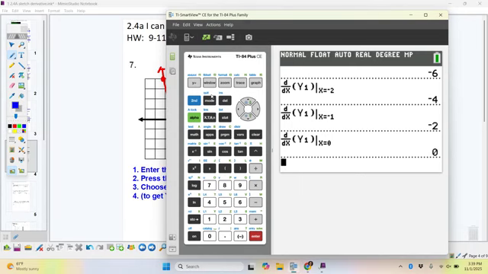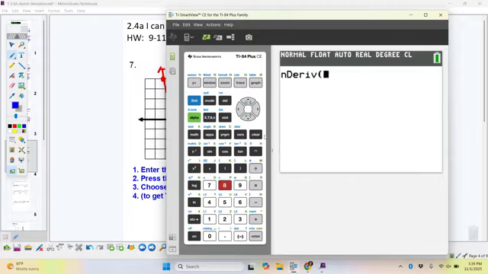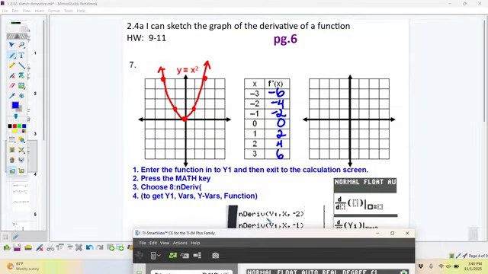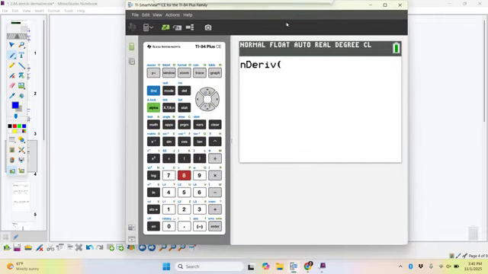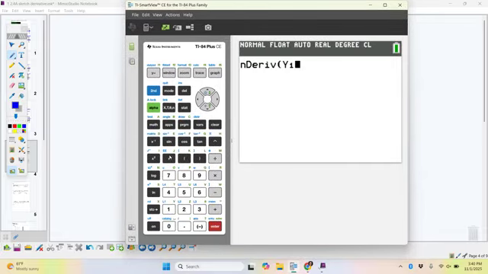The old calculator way, if you have a classic calculator, when you do math 8, you don't get those squares. So our order of symbols needs to be y1, comma, x, comma, the number. So we're going to go vars, yvars, y1, comma is above the 7, x, comma, and then I'll just continue with the positives to show you I had them right.